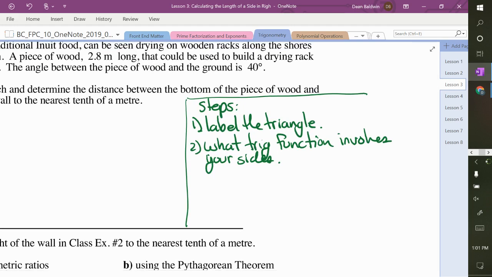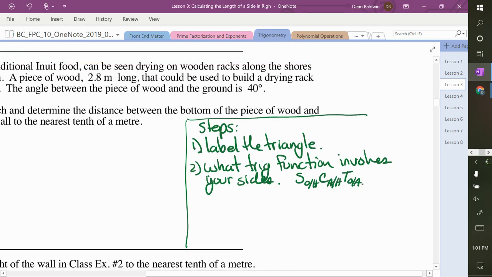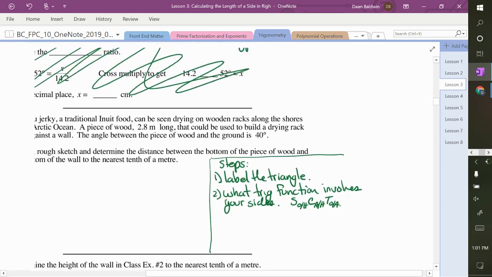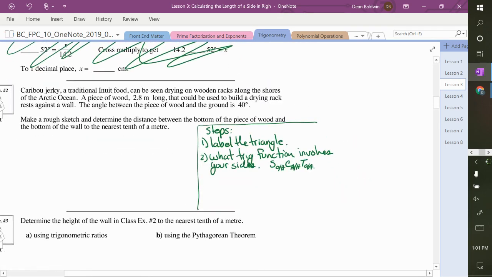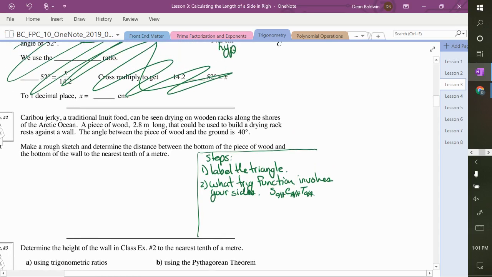What are those sides and how do they match up to the trig functions? So this is where SOHCAHTOA comes into play. I'm going to write SOHCAHTOA on the board.